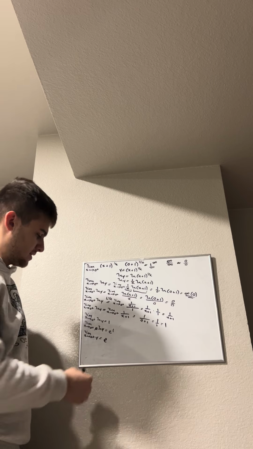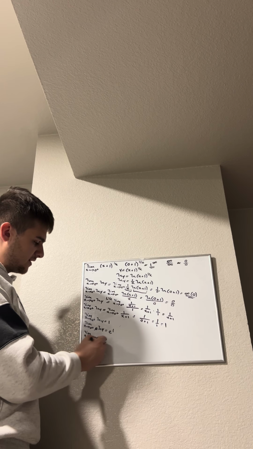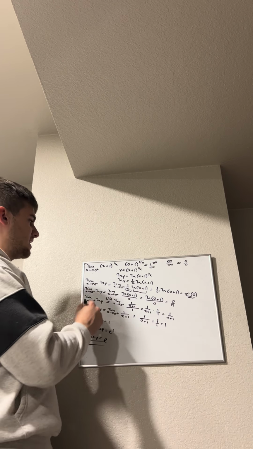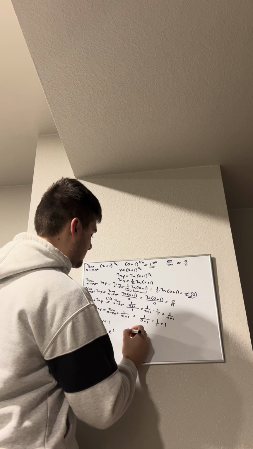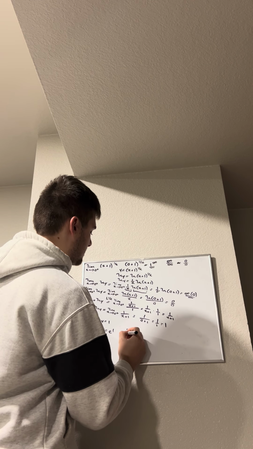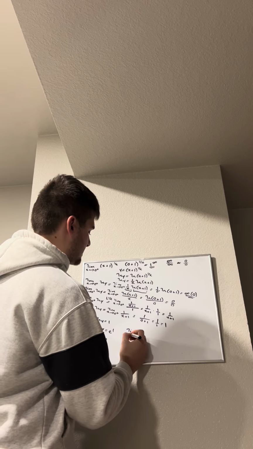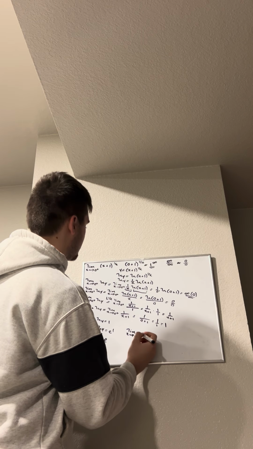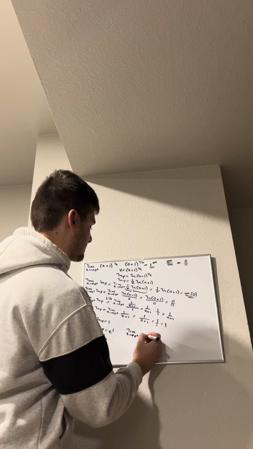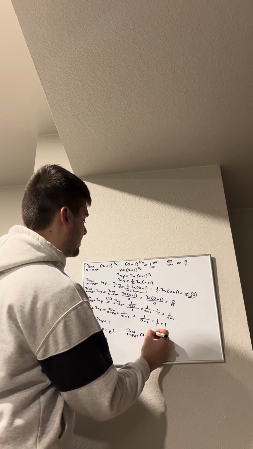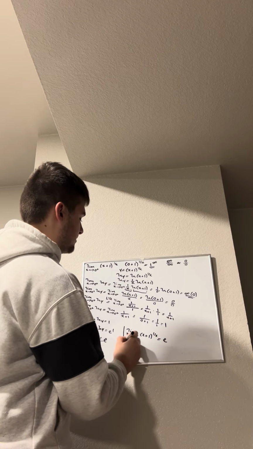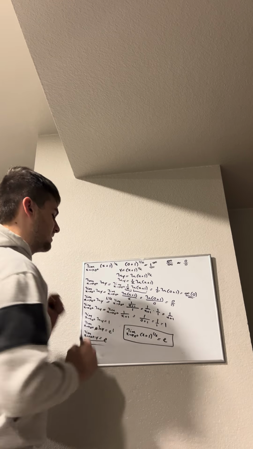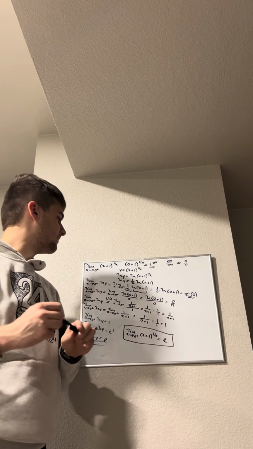Now that we found this, we can safely say that the limit as x approaches 0 from the positive side of (x + 1) to the power of 1 over x simply equals e. So this should be the final answer for this problem.